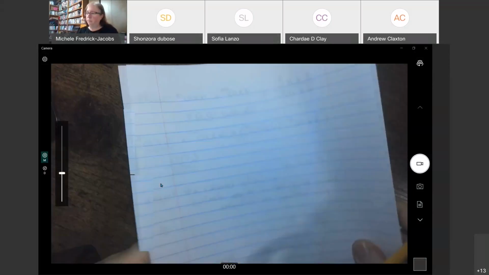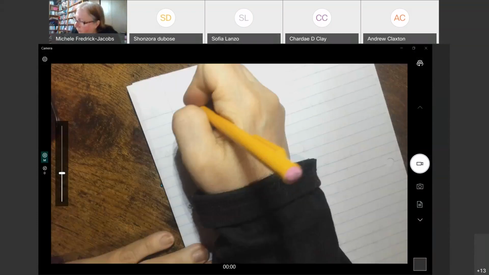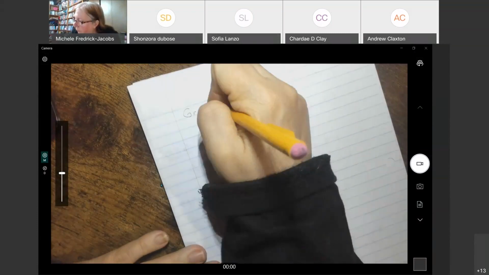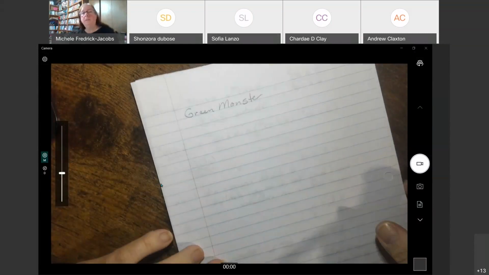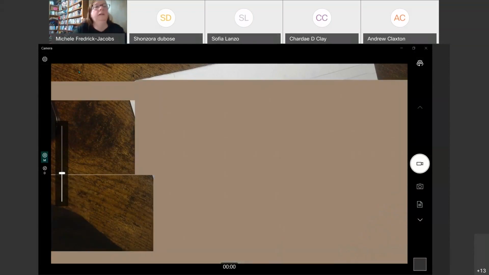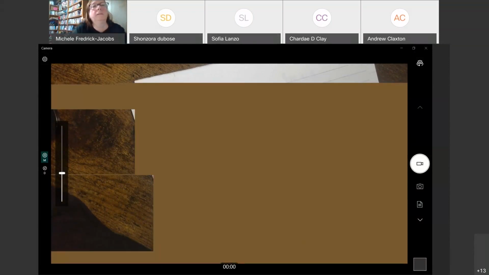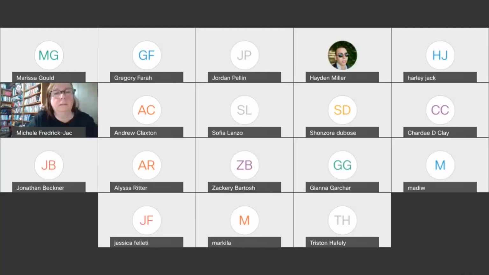I had a little bit of a problem trying to answer that. So the first thing we needed to do was find out how big the green monster was. I don't remember. We'll have to look it up.